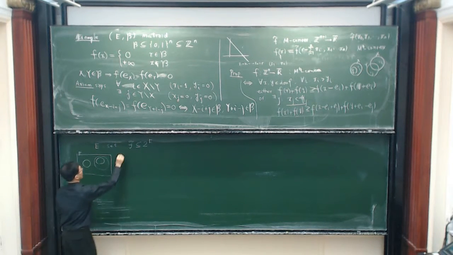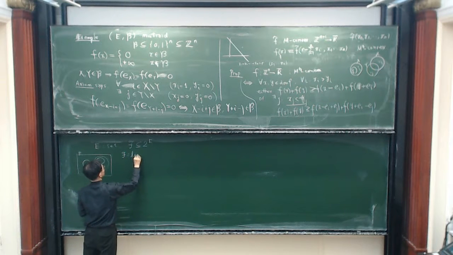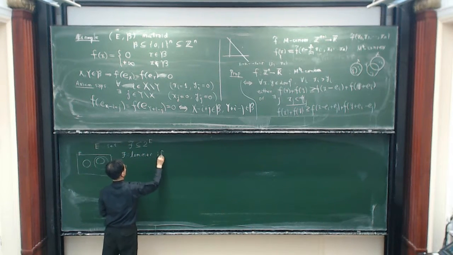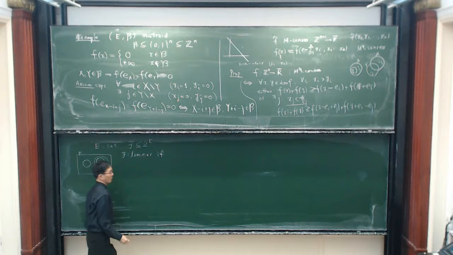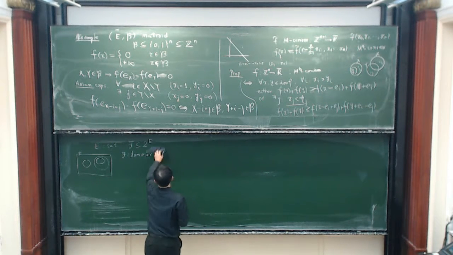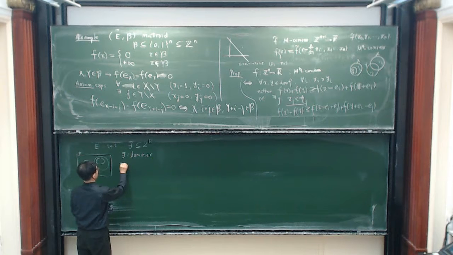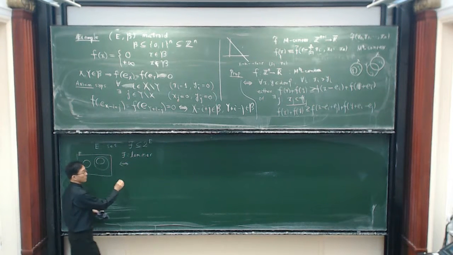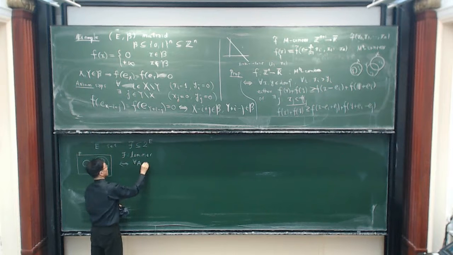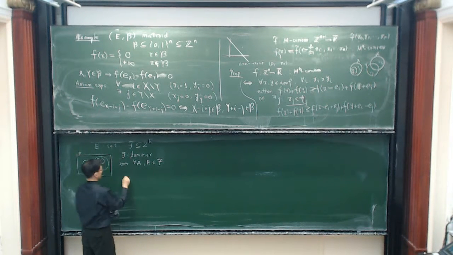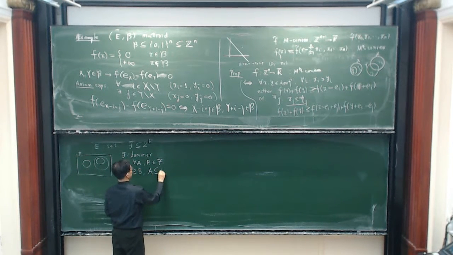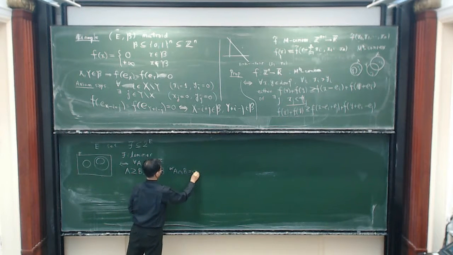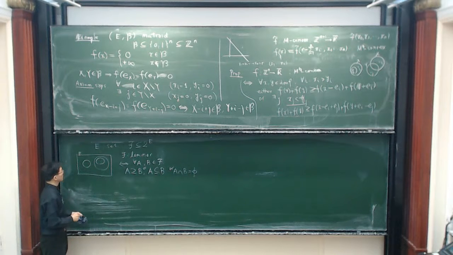F is called laminar if there is no crossing intersection. So for any A and B in the family, A contains B, A is contained in B, or A and B are disjoint. Okay, so it looks like this.